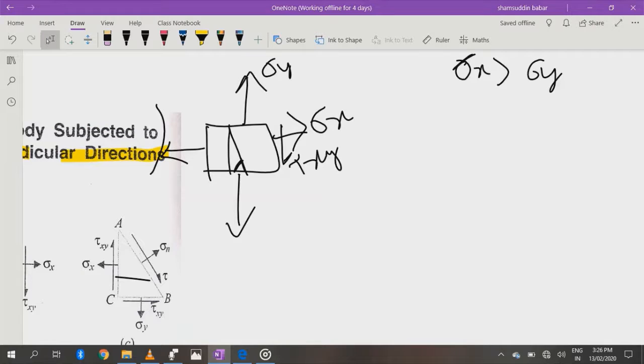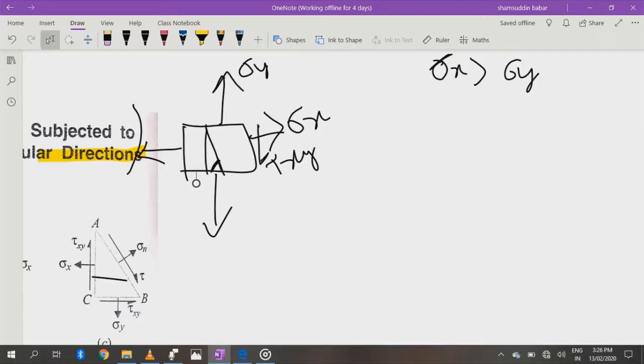Now coming back towards our derivation. Where were we? I was about to tell you about this angle. I told you that this angle is theta, and this angle is from major principal stress. Now either of these two stresses, stress x and stress y, one will be major.